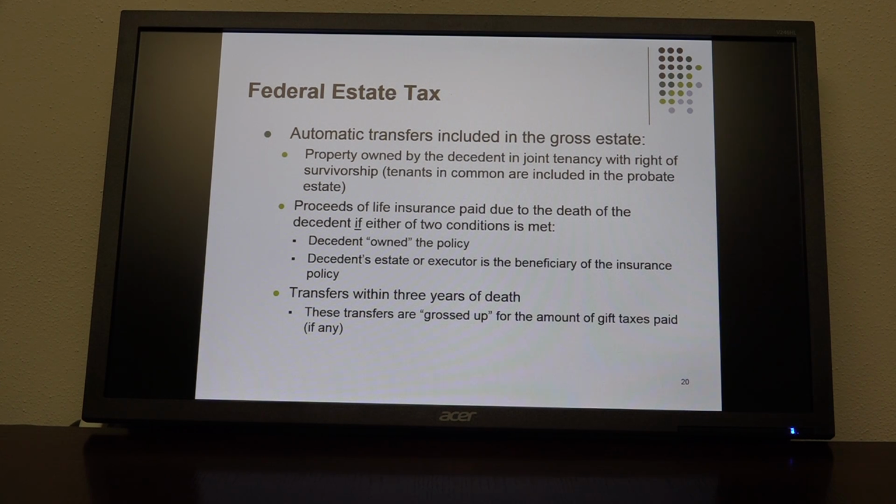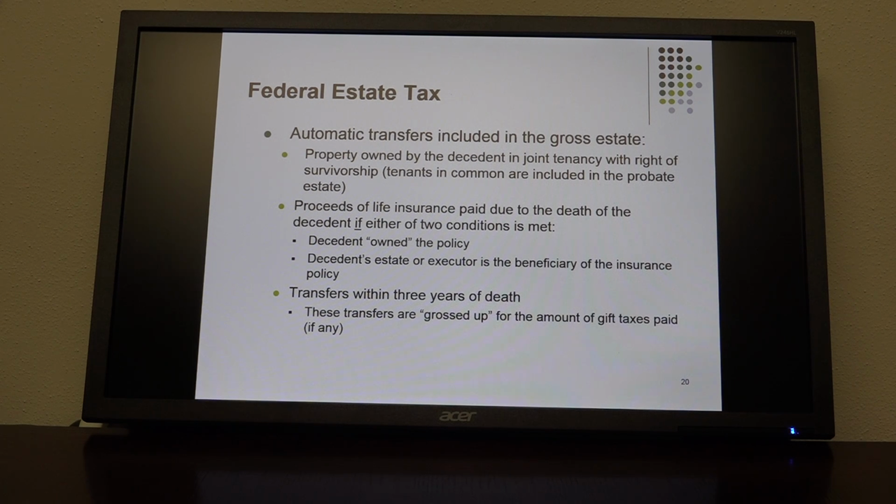And then they could also be named the beneficiary of the policy. So that would be a way of getting it out of the decedent's estate.